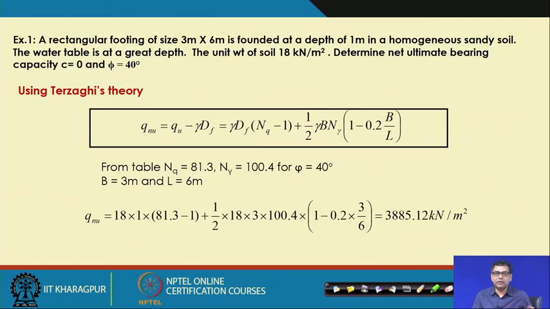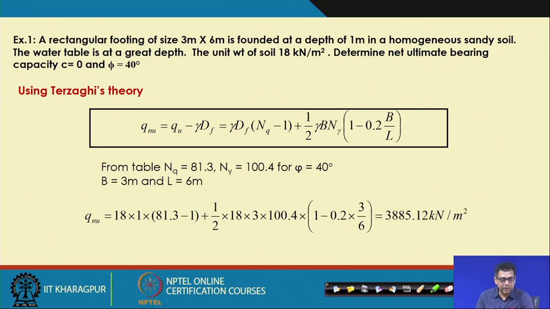Till now we have discussed so many theories. Now, this is the first example that we are solving. We are taking a common example and then we will determine the bearing capacity value by using all the available theories. Okay. So, the example that we are taking: a rectangular footing of size 3 meter cross 6 meter is founded at a depth of 1 meter in a homogeneous sandy soil.